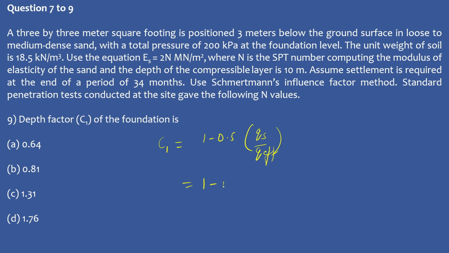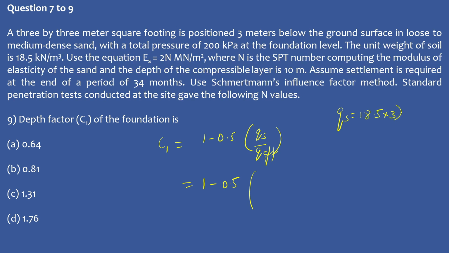So 1 minus 0.5, and your qs is basically the overburden pressure available at the depth of the foundation. So that is 18.5 times 3.